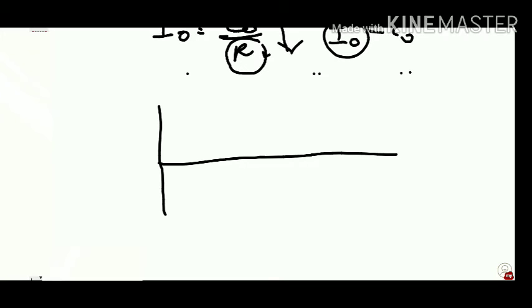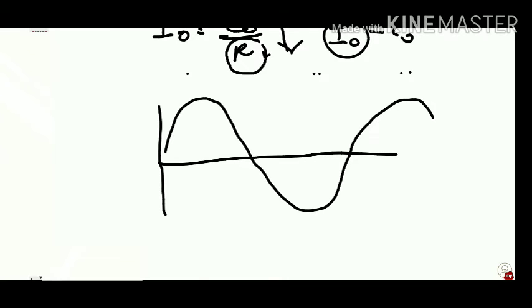Let's say I'm drawing a graph for EMF like this. This is the graph for EMF. This is the peak, so let's make it epsilon naught.